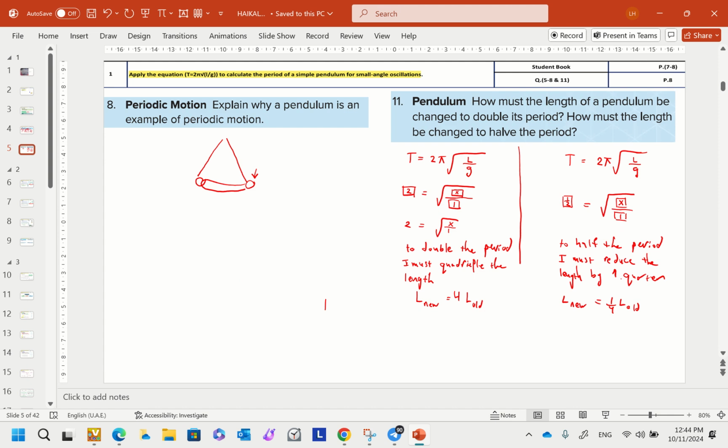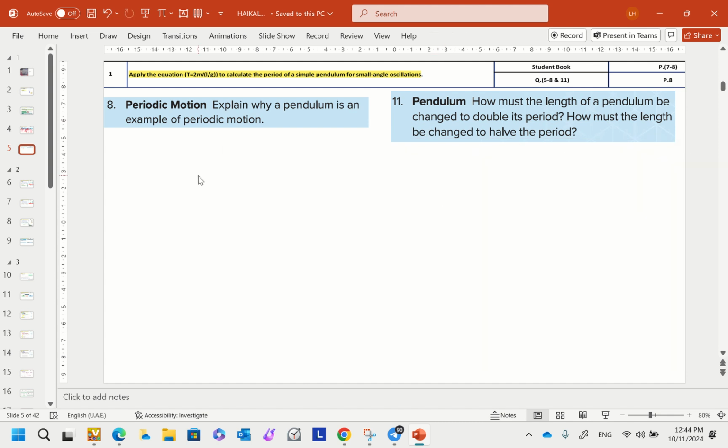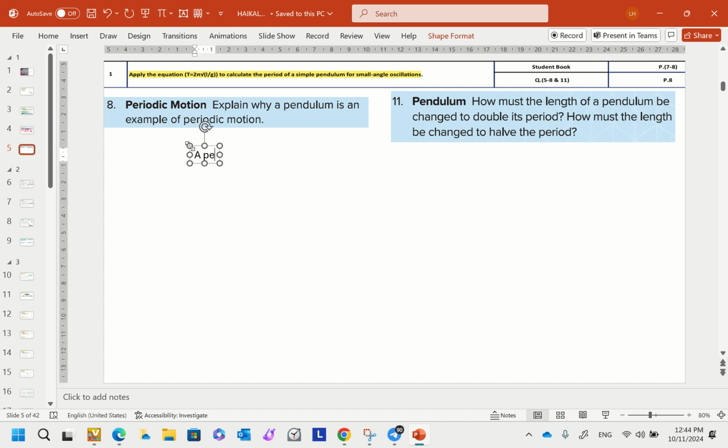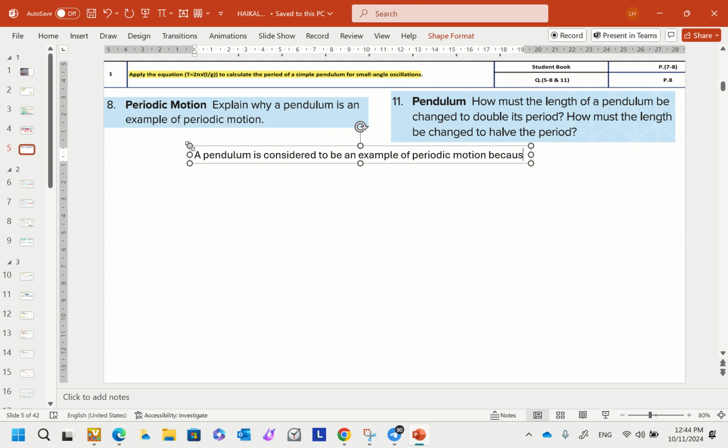Question 8 says, explain why a pendulum is an example of a periodic motion. Well, a pendulum is considered to be an example of periodic motion because its motion repeats itself regularly.